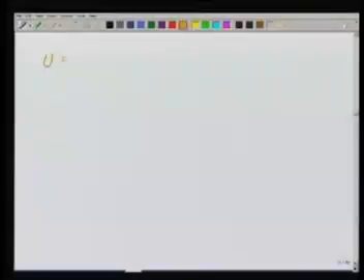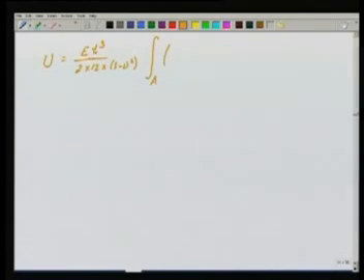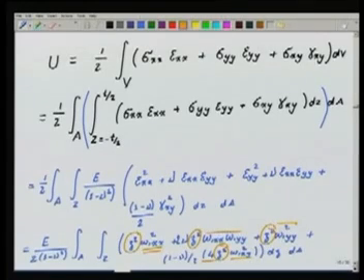So U will be equal to E into t cube by 12 into 1 minus nu squared, integral over the area of w comma xx whole squared plus w comma yy whole squared plus 2 nu w comma xx w comma yy plus 1 minus nu, 2 into 1 minus nu because of this last expression, 4 divided by 2 is 2.